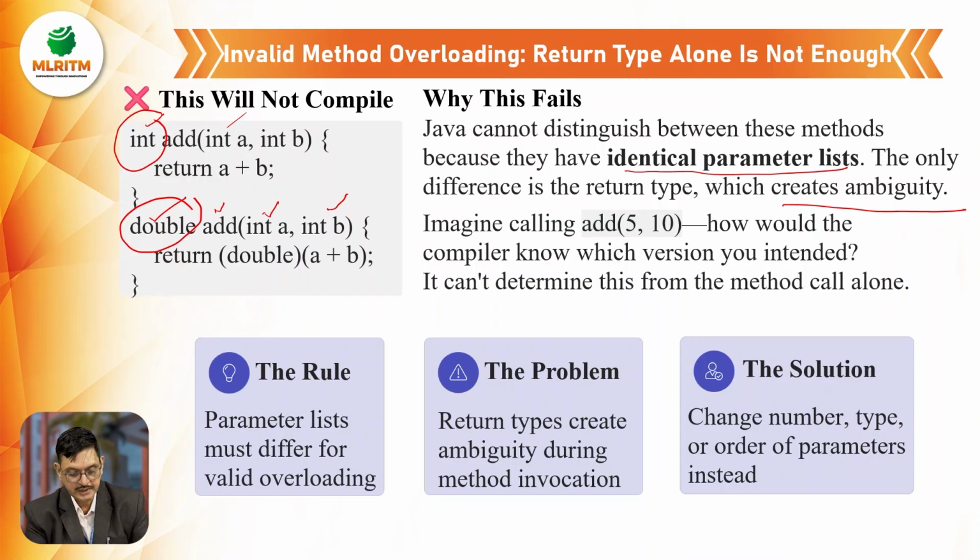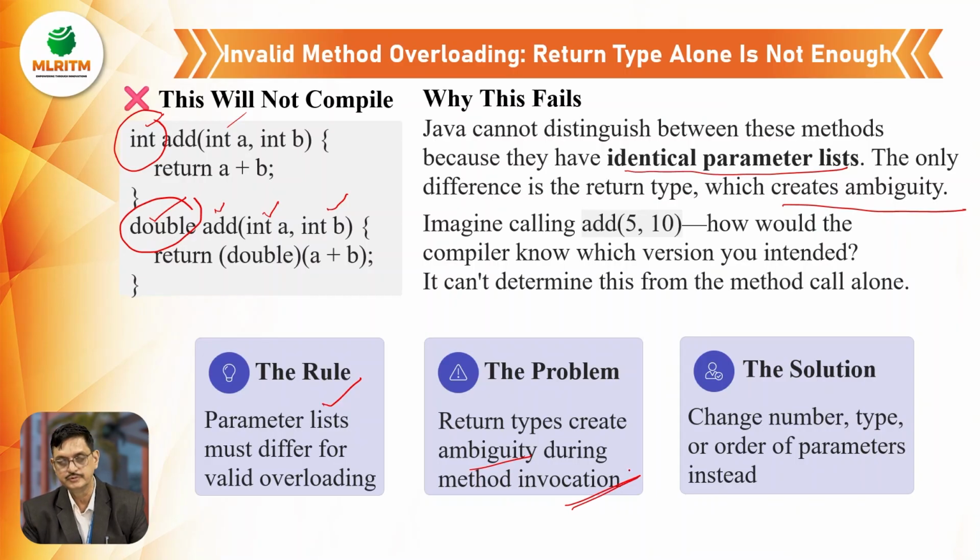So the rule is that the parameter list must differ for valid overloading. The problem occurs when the return type creates an ambiguity during method invocation.